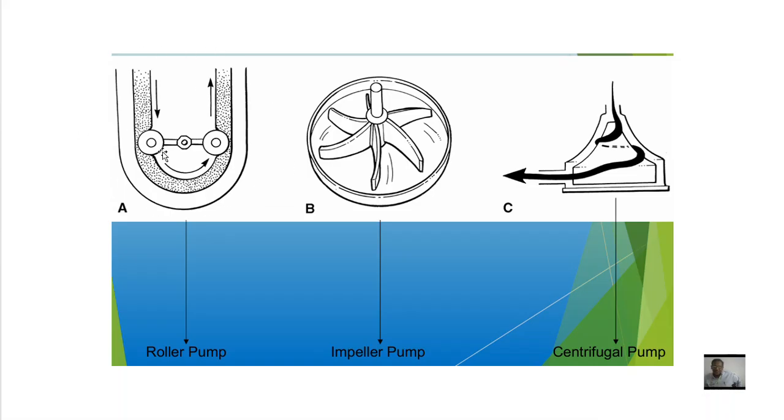Two rollers keep rotating, and because of the pressure the tube is compressed and the blood moves forward. It is another type of pumping. Then there is the centrifugal pump, which I have already explained: because of the centrifugal force, the blood comes out.